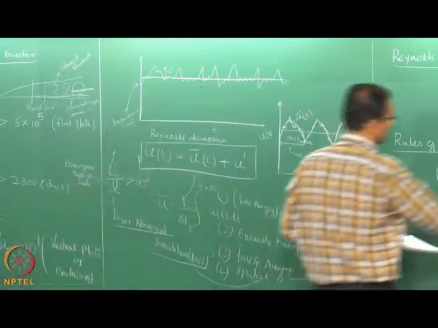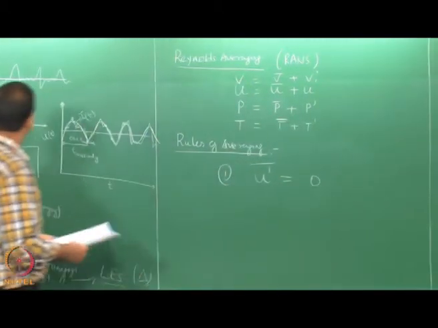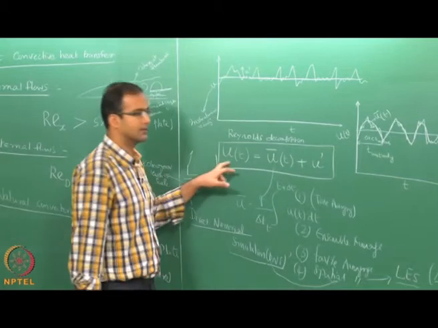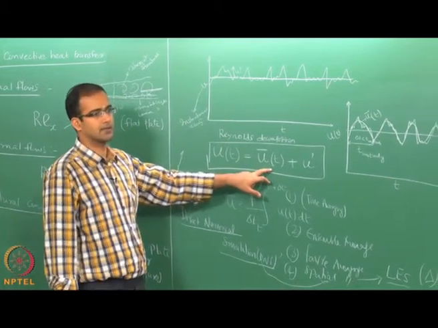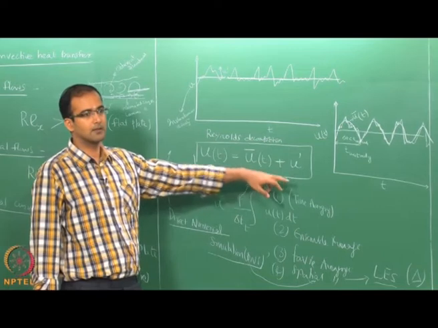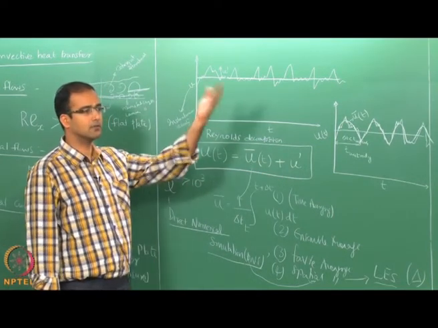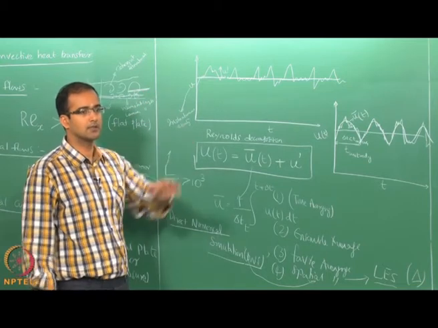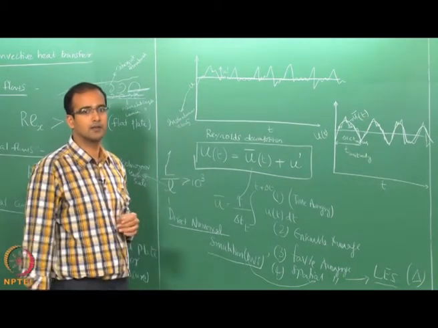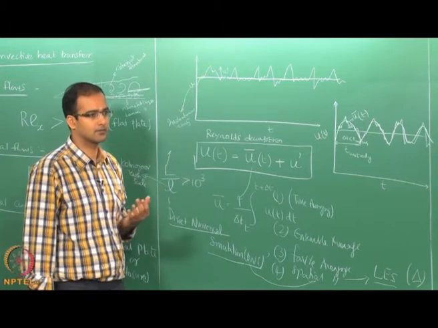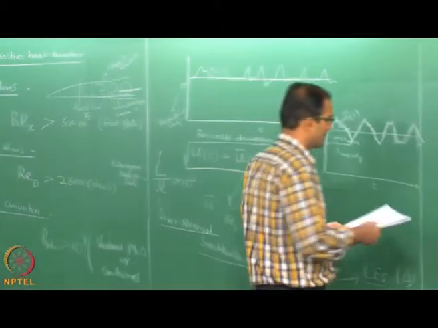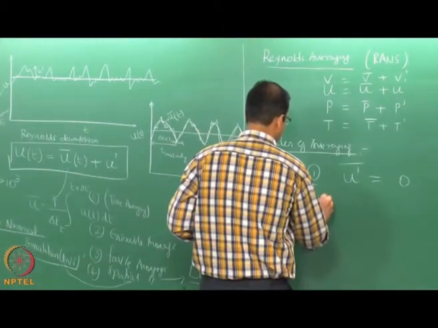Because the mean of the instantaneous should be the same as the mean velocity itself, the mean of the fluctuating component should be 0. You have a positive fluctuation and a negative fluctuation, so when you average over the delta t, it should cancel out. So, that is the first rule.